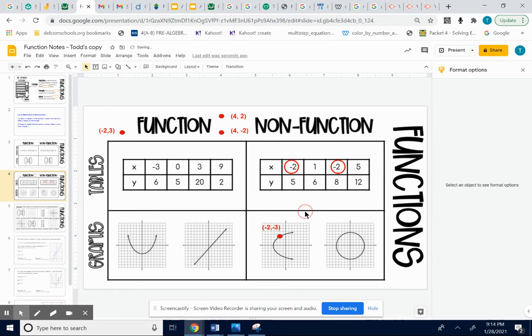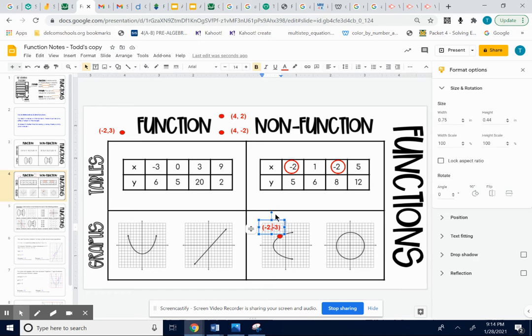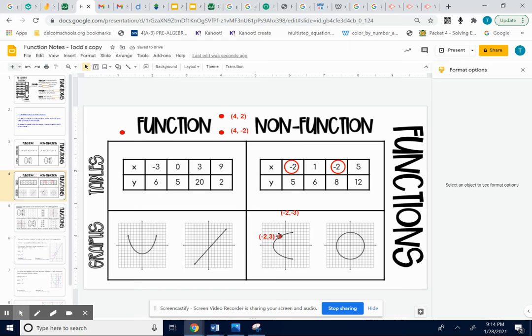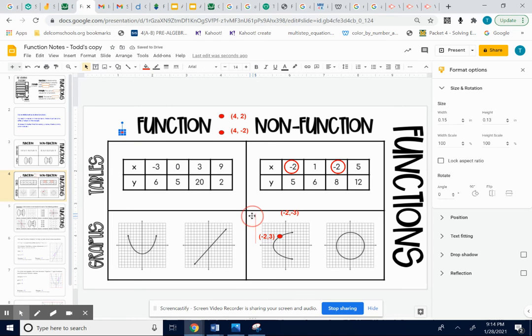That may not be perfect, but that's supposed to be the point -2, 3. This right here is point -2, 3, but this other point right below it is point -2, -3.